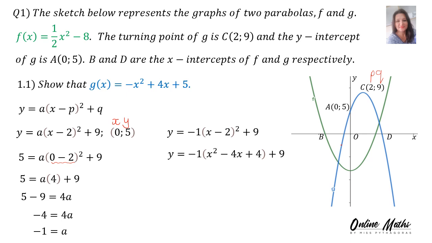And then we will multiply in the negative, and negative x squared plus 4x minus 4 plus 9. And then minus 4 plus 9 leaves you with their equation. Y is equal to minus x squared plus 4x plus 5.